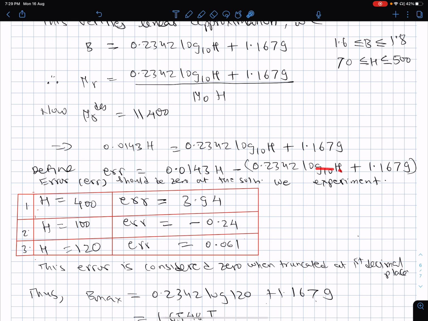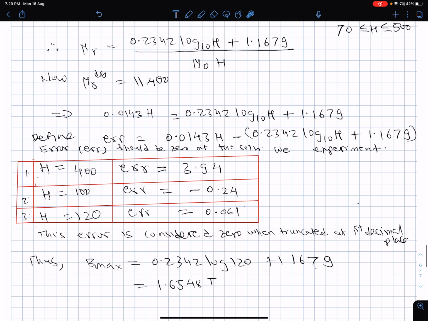For each of these points I just substitute in the expression, everything is in h, so I don't need to go to that graph sheet at all, and I get the error as 3.94, minus 0.24 and 0.061.